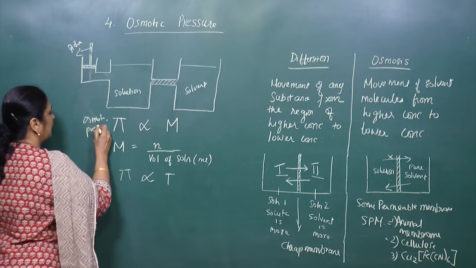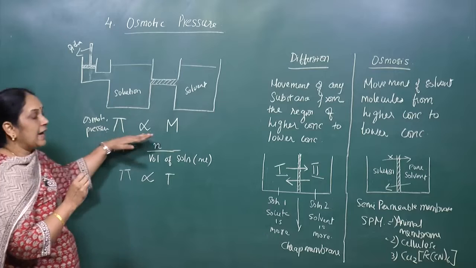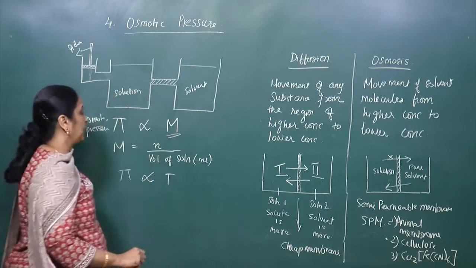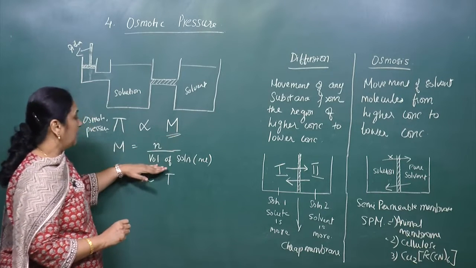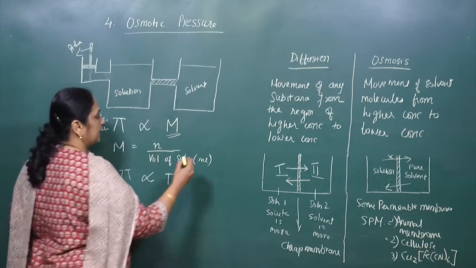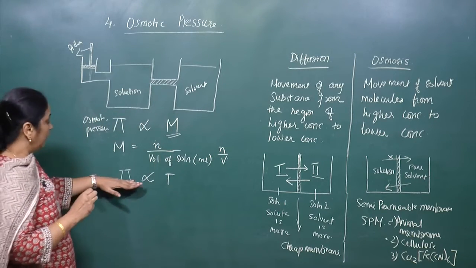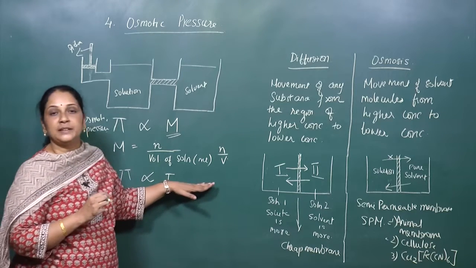Osmotic pressure is denoted as pi, and this pi is directly proportional to the molarity of the solution. We know molarity is the number of moles of solute by volume of solution, that is n by V. We can also say that osmotic pressure is directly proportional to the temperature.